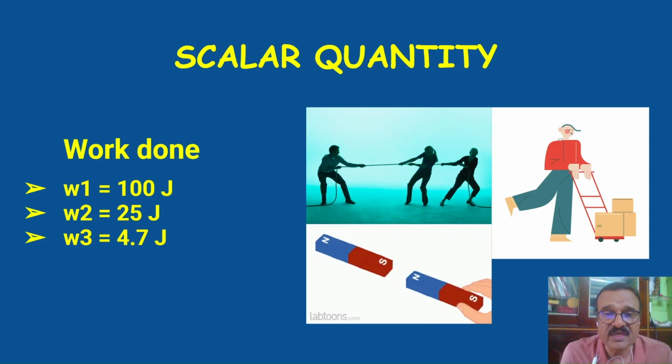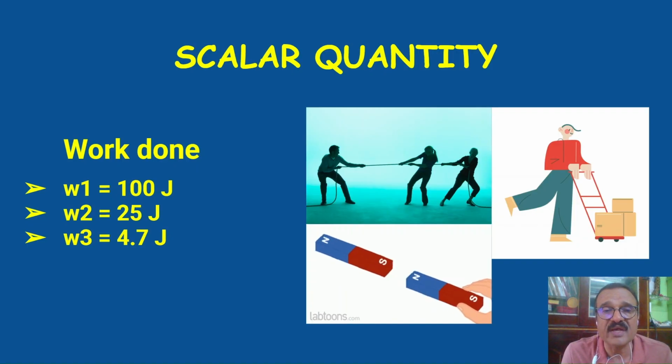In all three examples, we have seen that applied or produced force does the displacement of the object. Work done is nothing but force which is resulting in the displacement or which is causing the displacement.